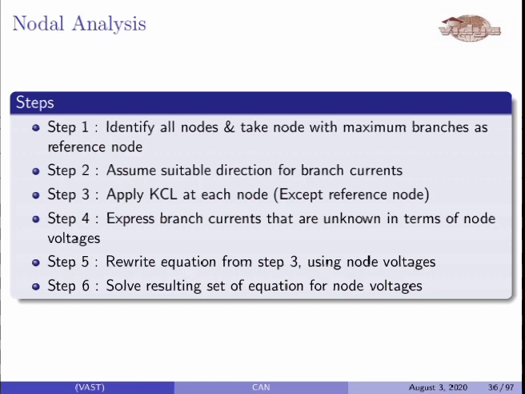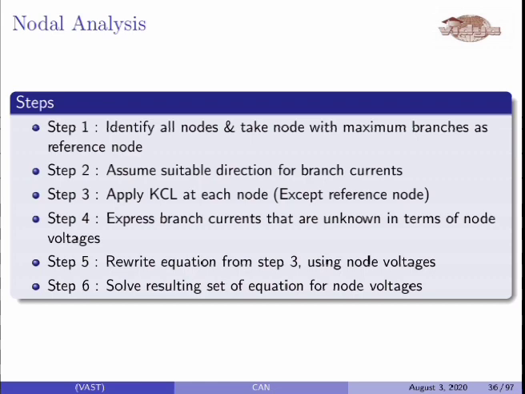So in step 3, we write the KCL equation in terms of currents and you have to express those currents in terms of node voltages in step 4. So the step 3 current equation is expressed in terms of voltages that are derived in step 4, and it is written in step 5.